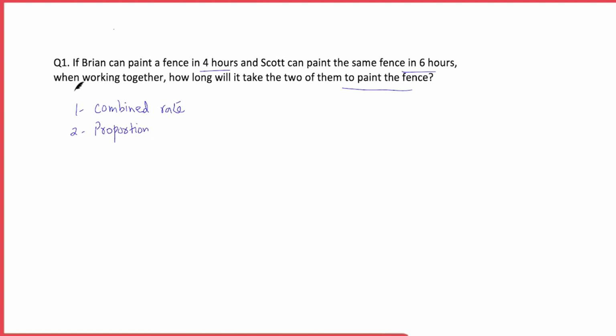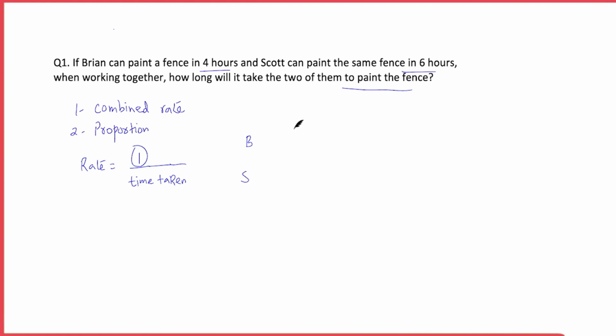So, what exactly is rate? Rate is basically rate equals 1 over time taken. This is something that you need to remember. 1 over time taken. Basically, time taken to complete one job. This is basically rate. So let's draw a table. We have Brian, these are our variables, and we have Scott.